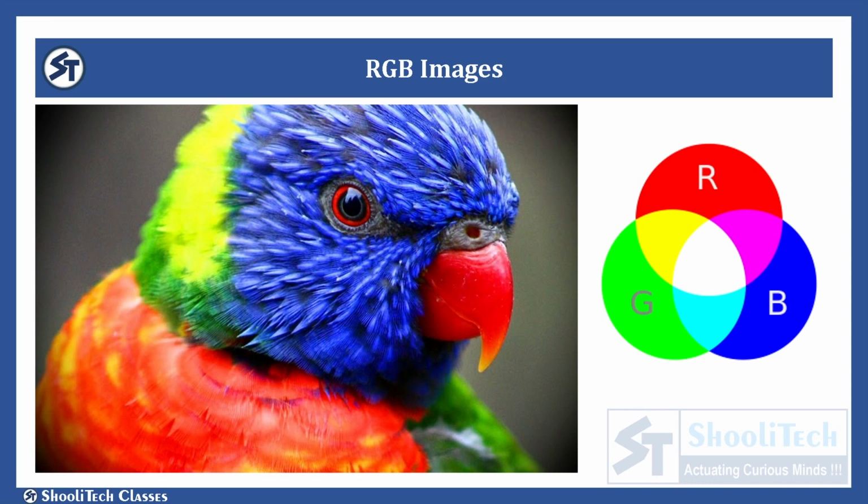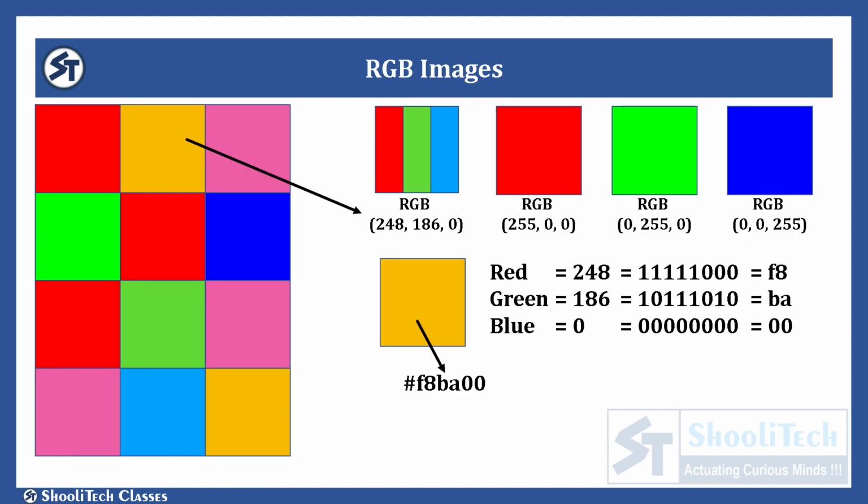All the images that we see around us are colored images, and these images are made up of three primary colors: red, green and blue. All the colors that are present can be made by combining different intensities of red, green and blue. In a colored image, each pixel represents a shade of a color and is made up of a combination of red, blue and green. Each pixel contains some value of red, some value of green and some value of blue in it.